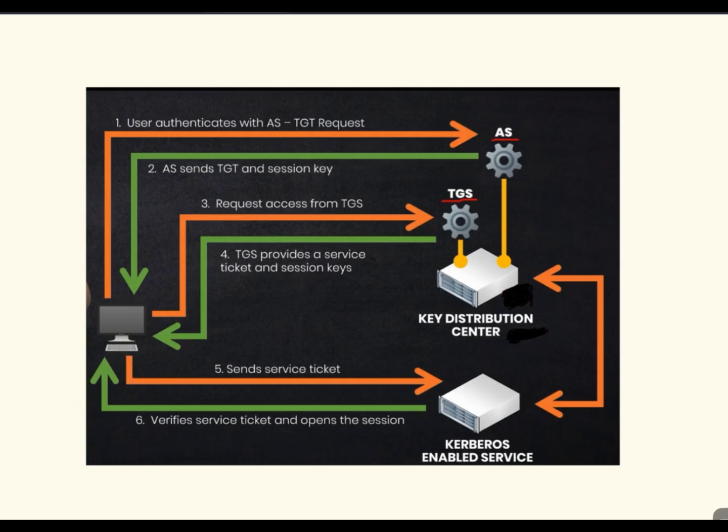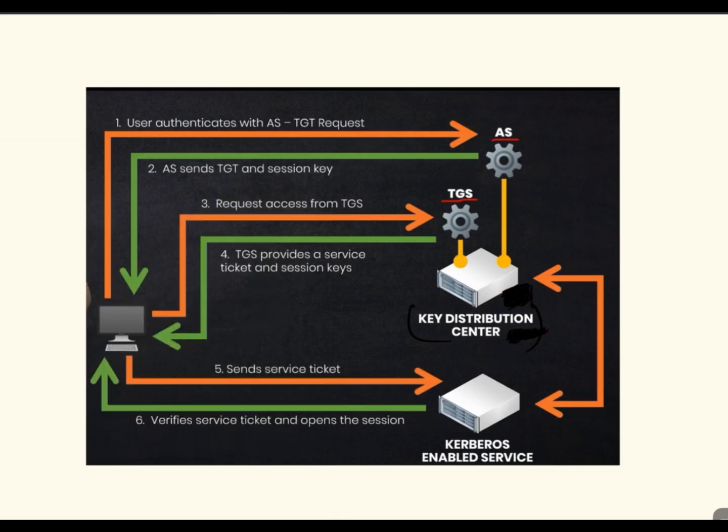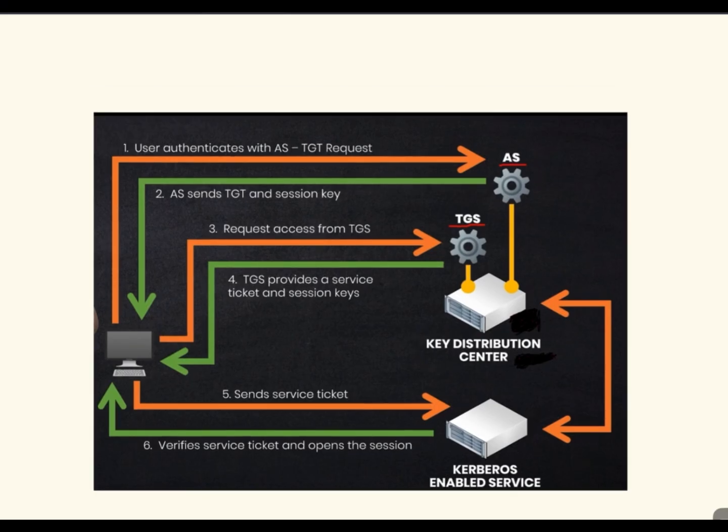First, if we talk about the core component, the architecture, there is the key distribution center, which is over here. Let me change the color first, because the background color is black.